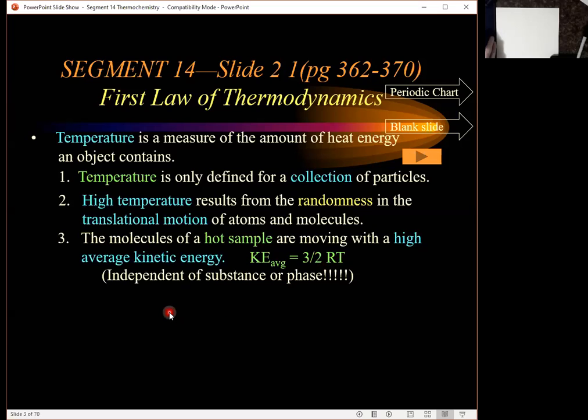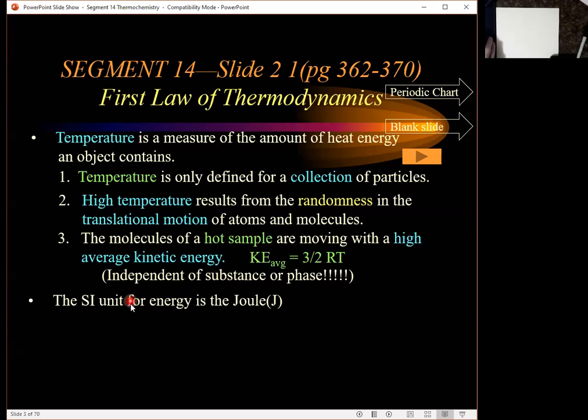In the solid phase, the particles are all clamped into one particular cavity. That molecule never gets out of that cavity. It bounces around within the cavity, but it doesn't have enough energy to move to an adjacent cavity. But its average kinetic energy is still 3/2 RT.